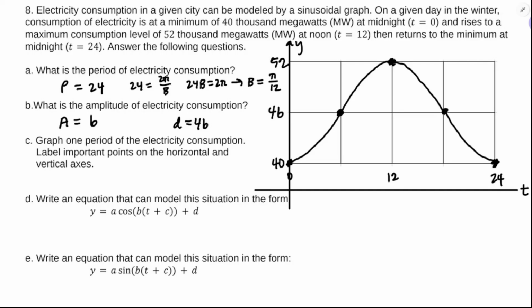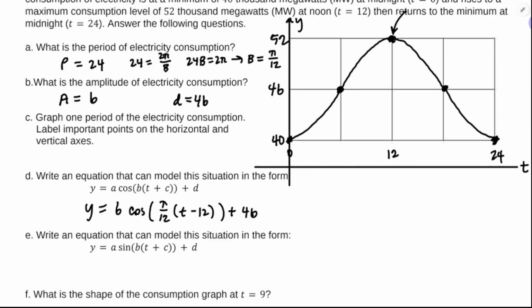I'm going to just write in my equation. So y equals amplitude cosine of b, which was pi over 12, times t minus, okay, for a cosine, I'm looking for that maximum. That was t minus 12, plus the midline was 46.